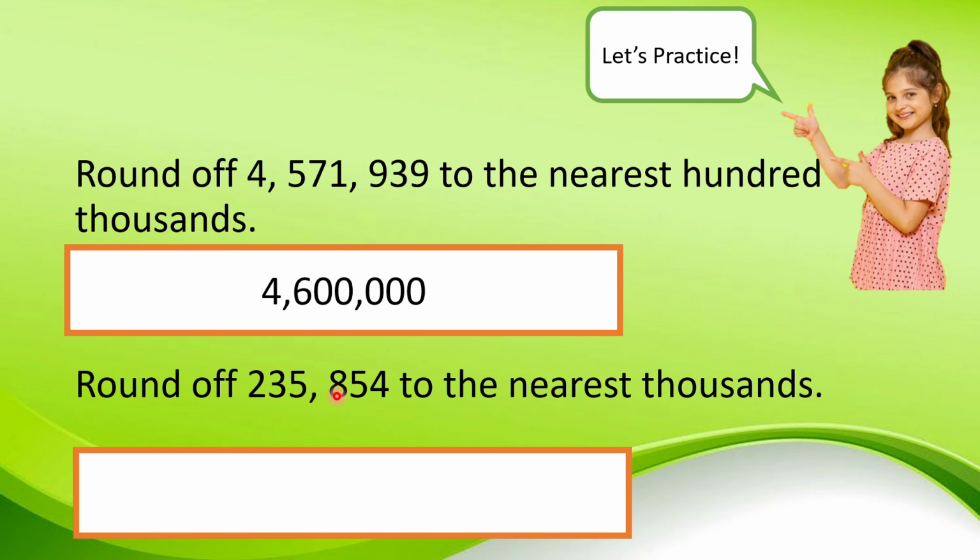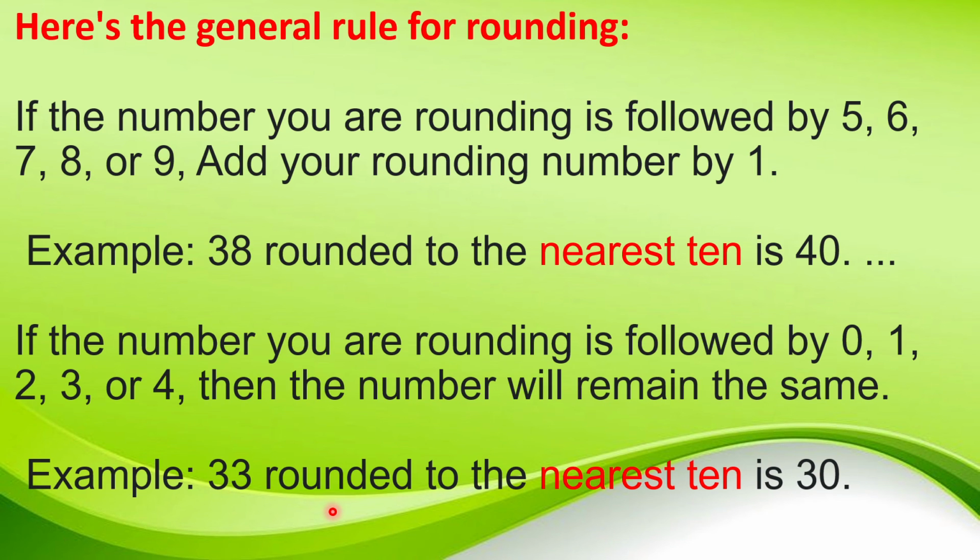Since 8 is more than 5, we're going to add 1 to the 5, and it will become 6. So to round off, we have 236,000.